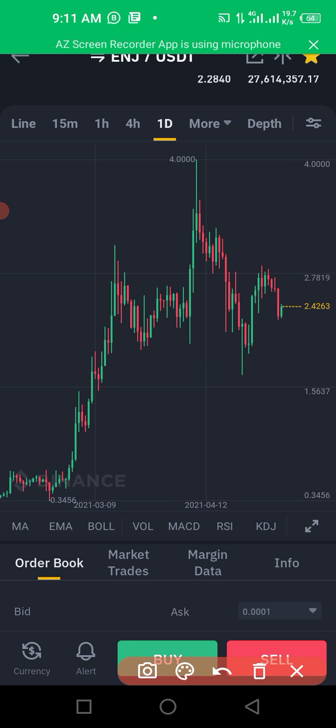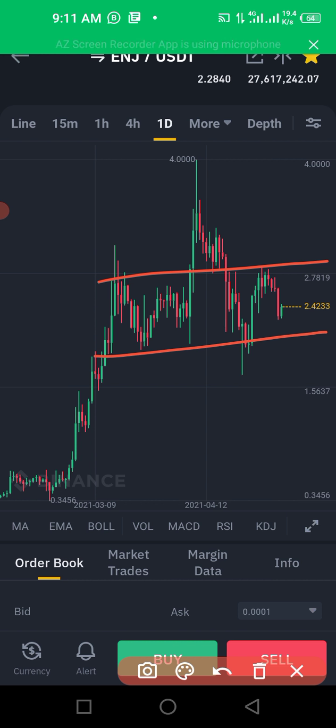I'm still expecting this market to come down and then pump up again. If we have this as a support level, then the market is yet to come down. It's still going to come down a little bit. That is my own observation. Here is a resistance level, which the market needs to break from this support level.